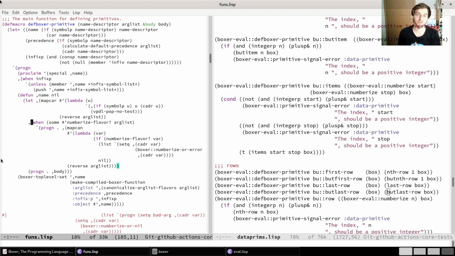And for that, they're shifting part of the logic into compile time. When the macro is running, it's running when compiling the Boxer source. It's not running when the Boxer interpreter is actually running, so the interpreter will be fast, but it will be written in a high-level way.